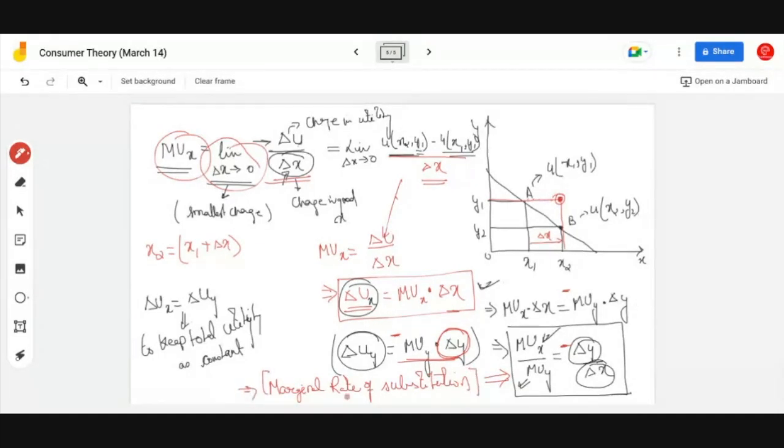See, now the importance of this marginal rate of substitution is that this gives us an idea of the smallest change that we can make in good X, or you can also think of the compensation: if you want to increase good X, by how much amount you should decrease good Y. So the marginal rate of substitution is nothing but the ratio of marginal utility of the two different goods. Is it clear? Yes, sir.